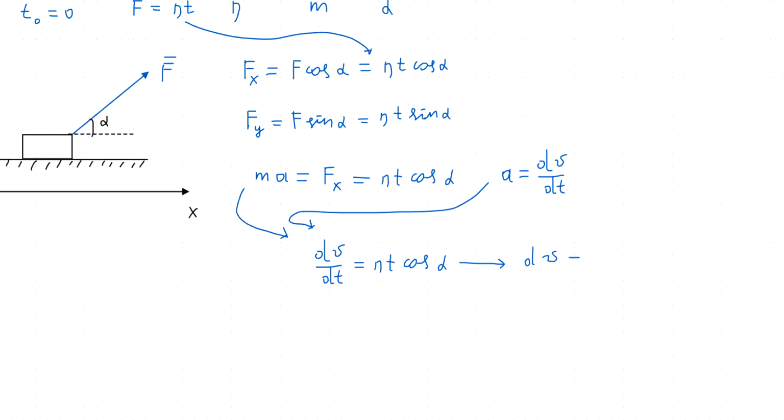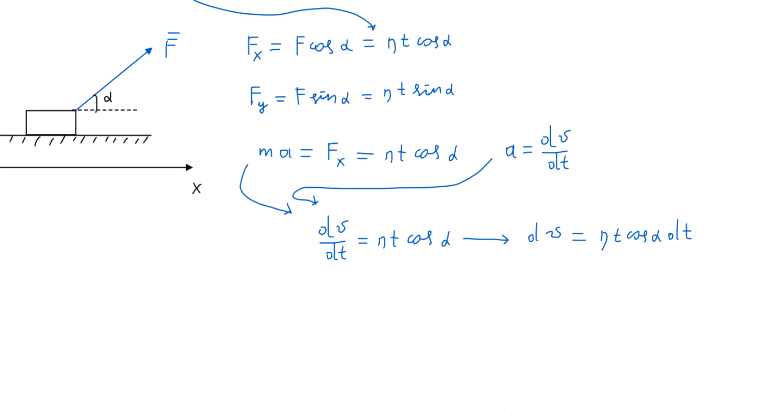So we will get dv equal to eta t cosine alpha dt.